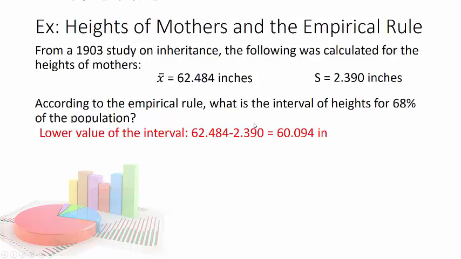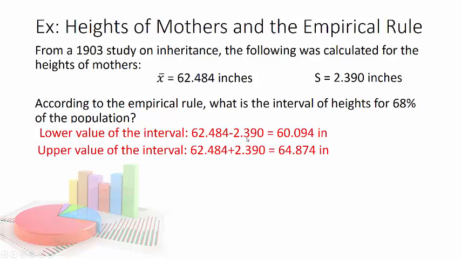So we just need to subtract 1 standard deviation from the mean to get the lower value, and add 1 standard deviation to the mean to get the upper value. So the range of heights for 68% of the population is 60.094 to 64.874 inches.